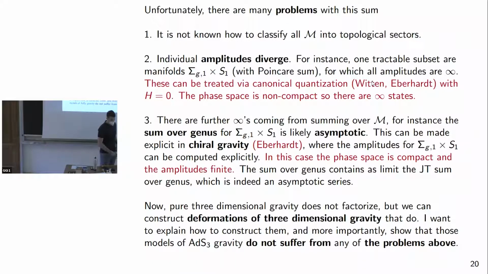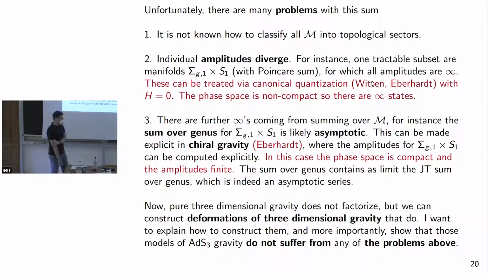And there are ways to prove that via canonical quantization. And then the third problem is that even if the amplitudes were finite, there can be divergences coming from summing over subsectors in M. For instance, the sum over genus g Riemann surfaces times S1 is probably asymptotic. And it certainly is in the case of chiral gravity, which Lawrence Eberhardt discussed recently.